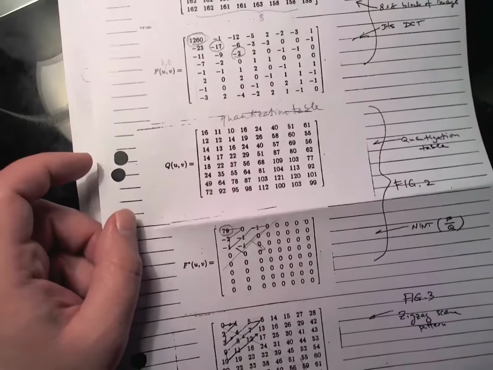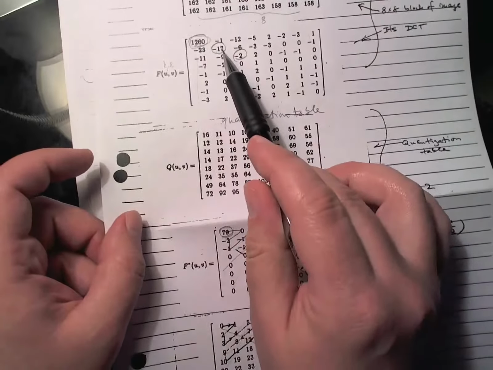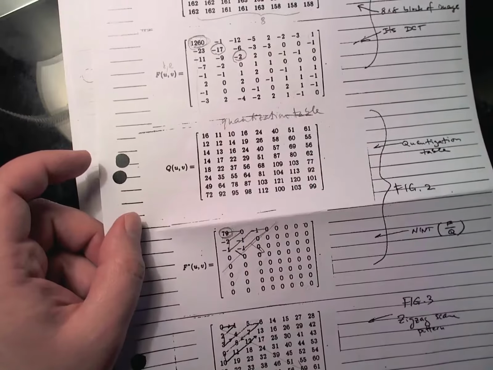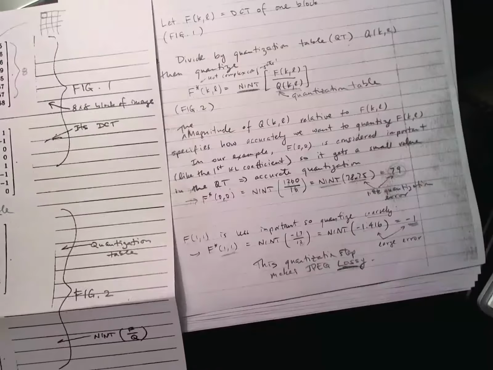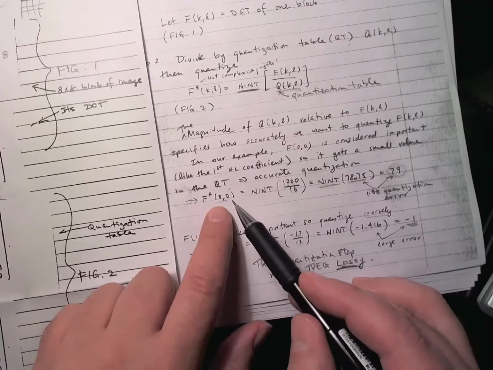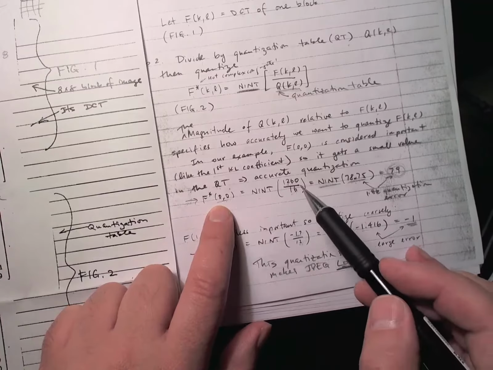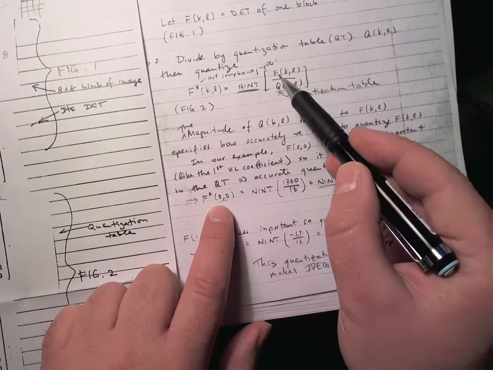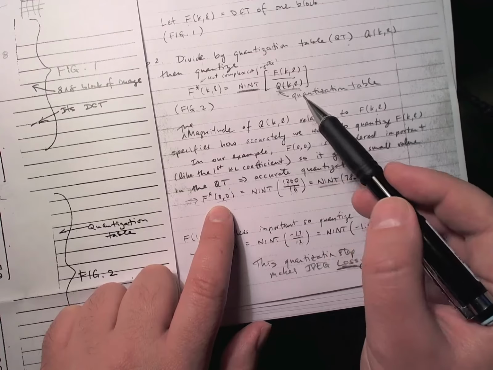Okay, so this is 0,0, 1,1, and 2,2. We just want to see what happens to them when we apply this idea. So the idea is as I said, you divide the DCT by the quantization table.